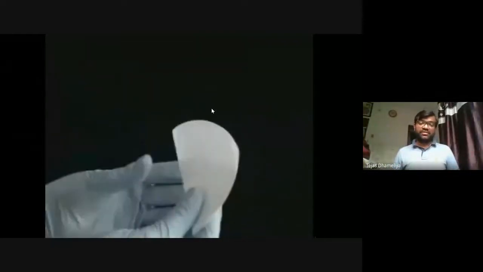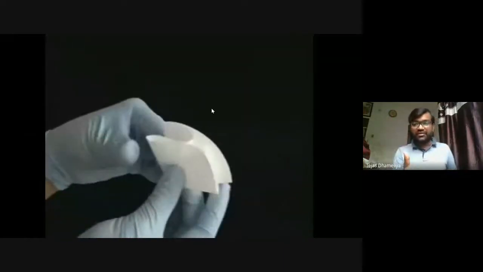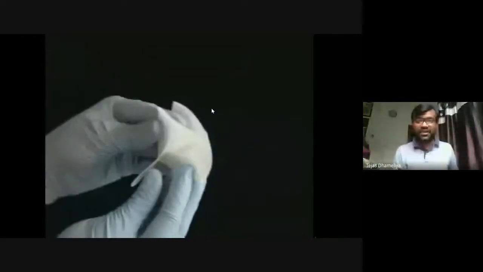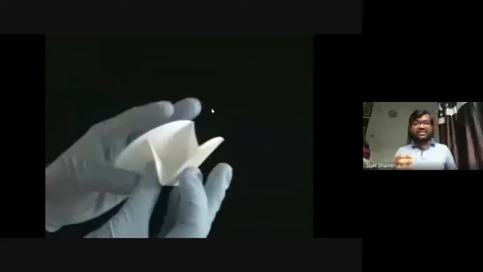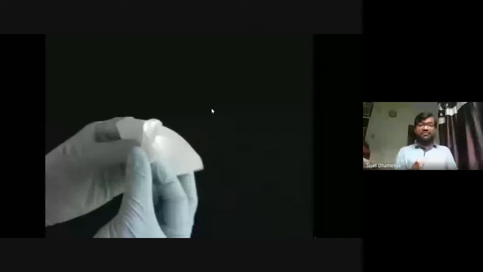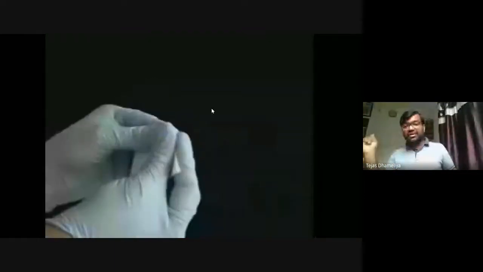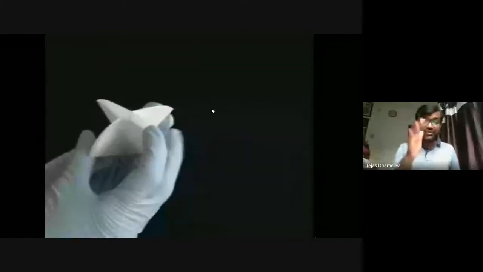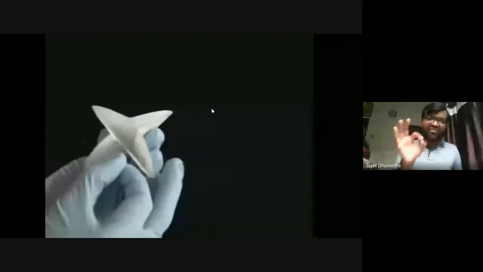How to fold the filter paper is demonstrated. 4 folds are carried out from a circular Whatman filter paper, and the folding is done in such a way that we keep 1 fold on one side and the other 3 folds on the other side. So look at that very carefully.